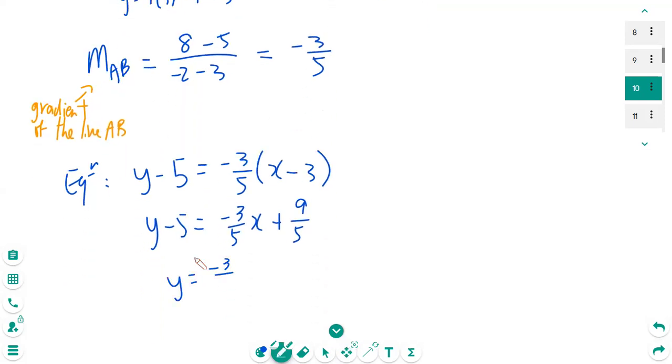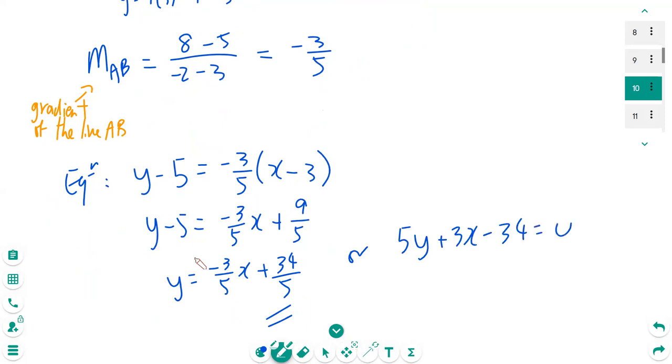So y equals minus 3/5 of x, plus 9 over 5 plus 5 is 34 over 5. And that's the correct answer. Or you can obviously multiply everything by 5, which gives you 5y plus 3x minus 34 equals 0. The question didn't ask you to write in integers, so both answers are right. You can just leave it as a fraction.